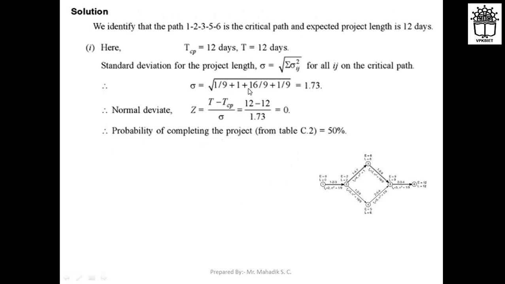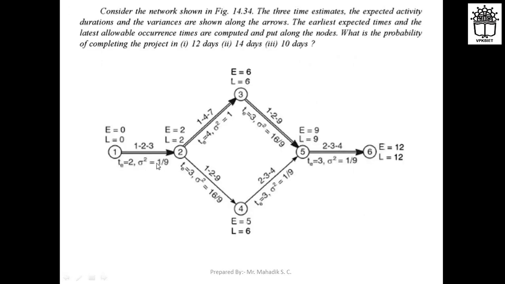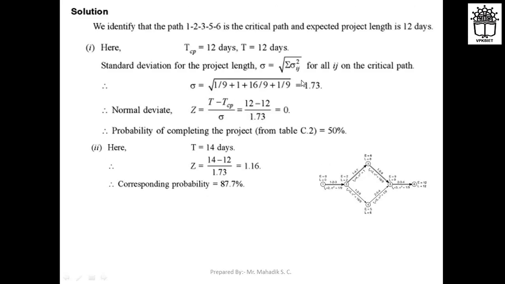It will give us sigma is equal to 1.73. Here you can see the sigma square values are given: 1 by 9, 1, 16 by 9, and 1 by 9. We have just taken those values, the summation of all sigma ij square under the root, and that gives us the sigma value, 1.73.